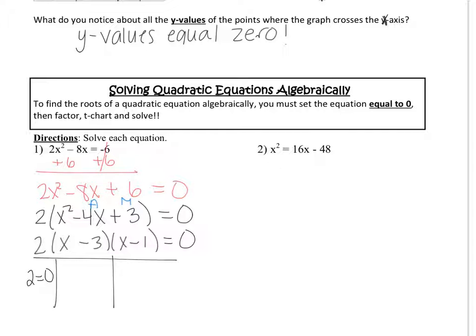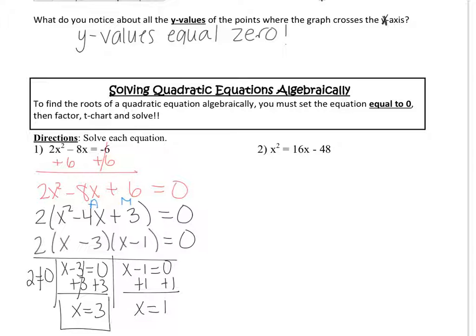We would do 2 equals 0, reject that, x minus 3 equals 0, add 3 to both sides, so we get x equals 3, x minus 1 equals 0, plus 1, x equals 1. So these values are my roots, or my solutions to this equation.